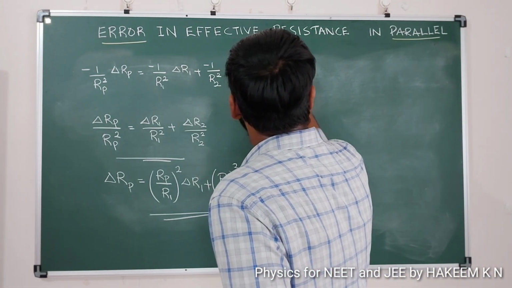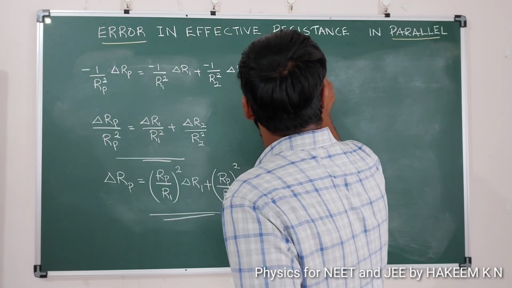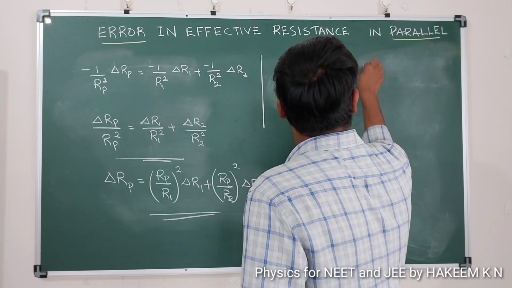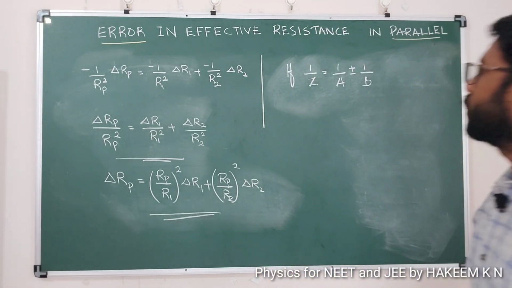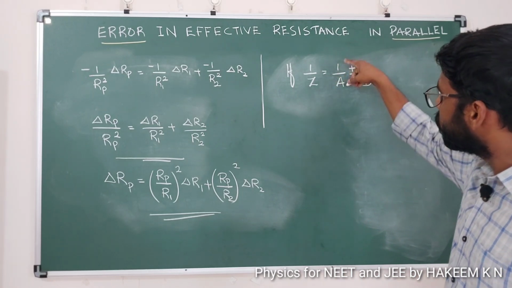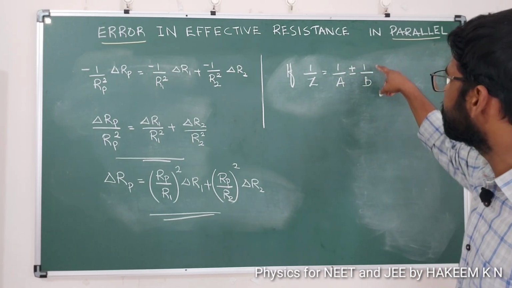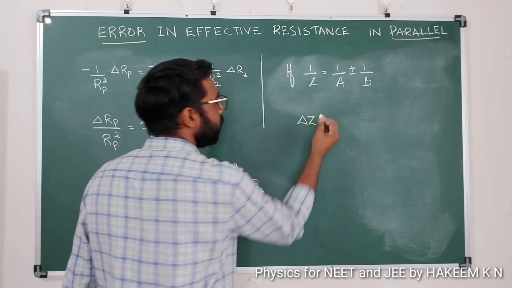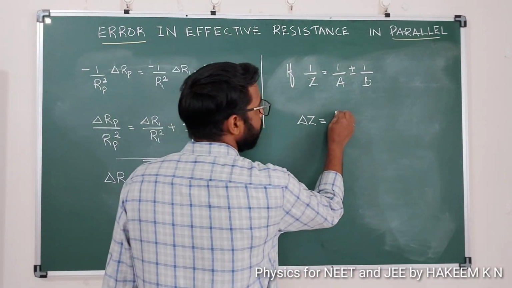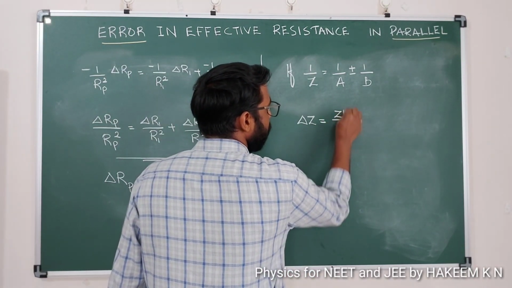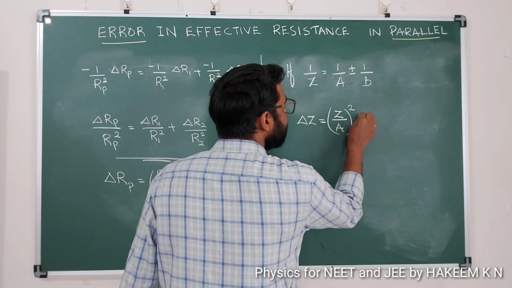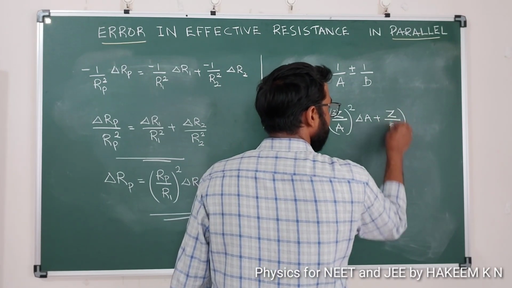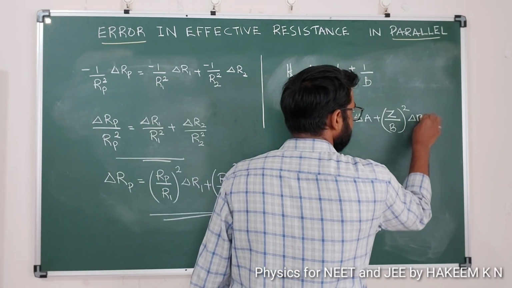If 1 by z equal to 1 by a plus or minus 1 by b, then the error in z, delta z, equal to z by a whole square into delta a plus z by b whole square into delta b.